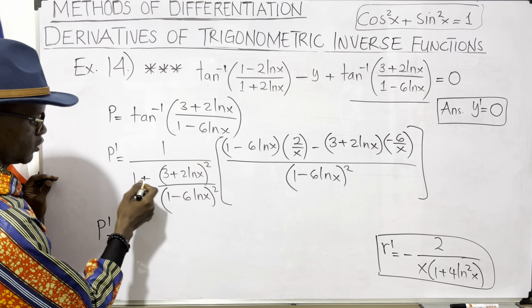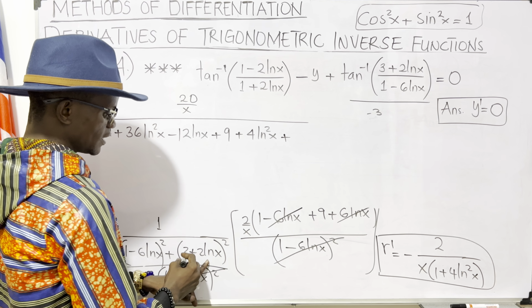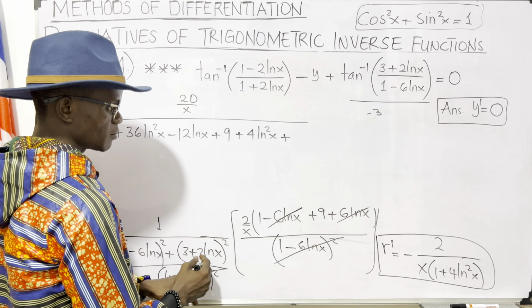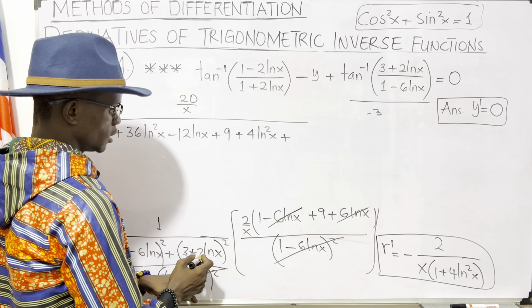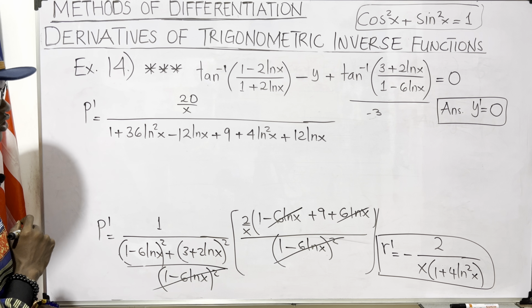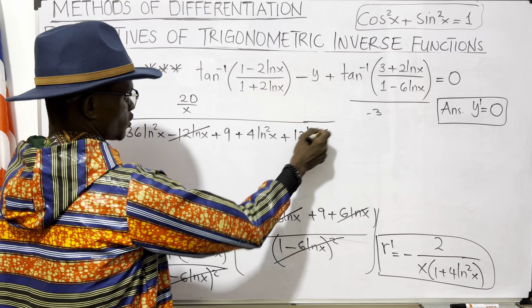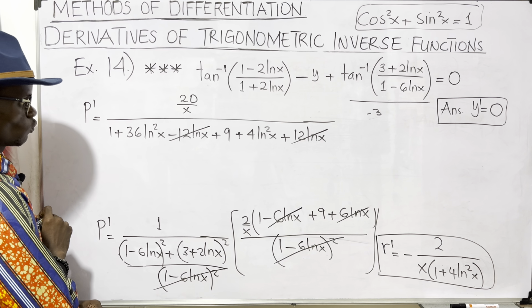We move on to this side as well. 3 times 3 is 9. And then 2 times 2 is 4 ln squared of x. And then we say 2 times 3 times this. So 2 times 3 is 6, and then 6 times 2 is 12. So this gives us 12 ln of x. That's the expansion. So 12 ln of x and 12 ln of x go out.